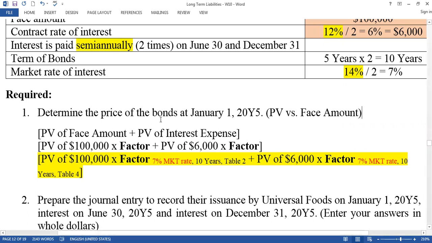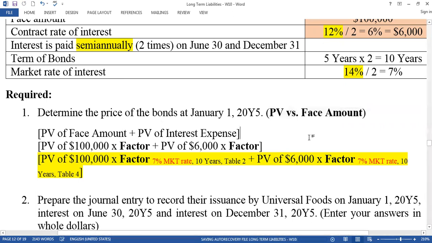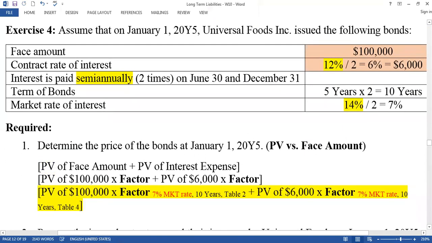When we record the journal entry, we compare present value and the face amount. So here, the present value is this amount. 92,976 is the present value, but what is the face amount?